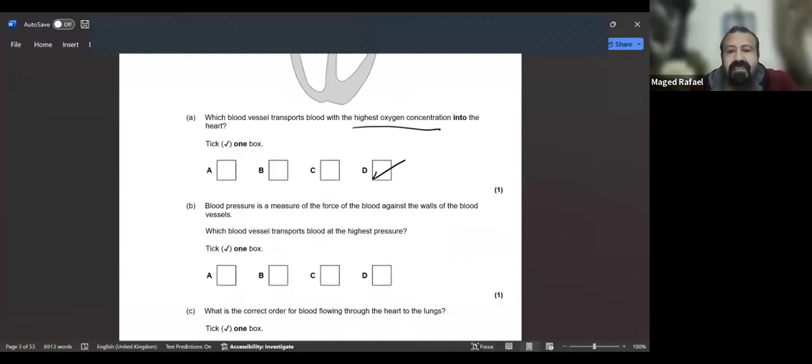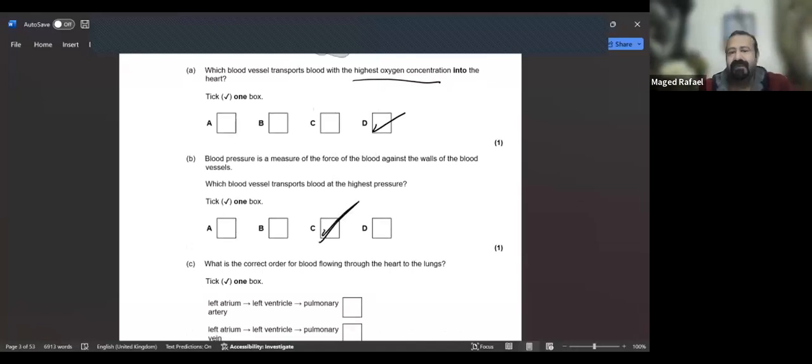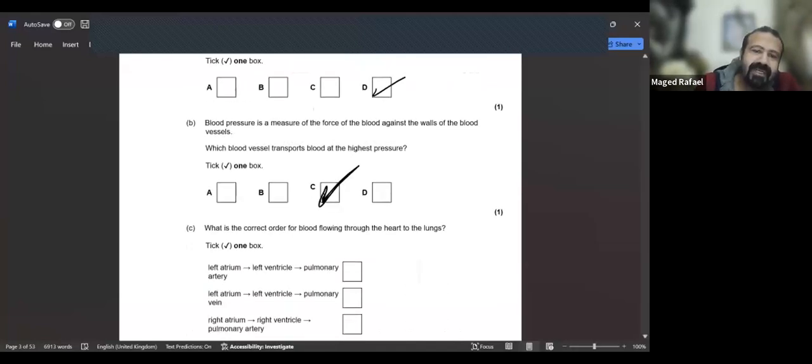Which blood vessel transports blood at the highest pressure? The highest pressure is needed in C to be delivered to the rest of the body. So the answer here is C. I want your answer here, guys.